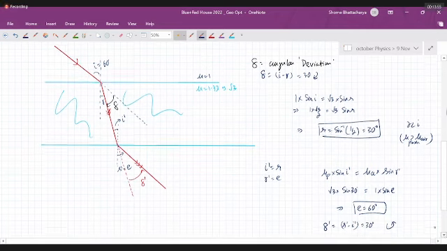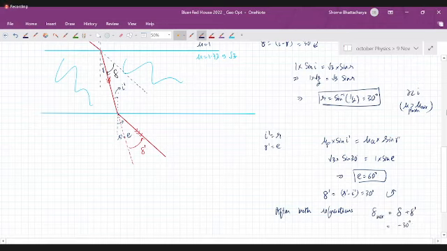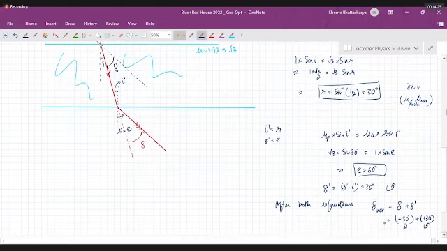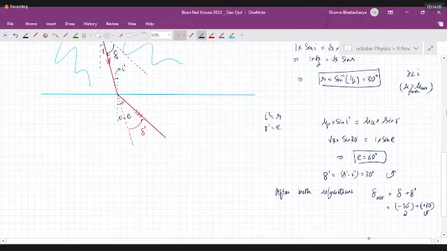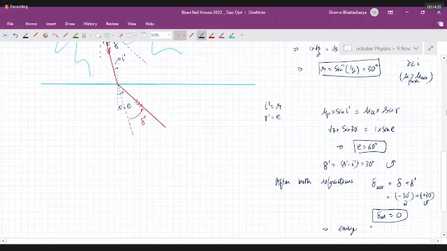So after both refractions, let's write it as minus because it's clockwise, and then this with a plus sign because this is anti-clockwise. So the net angular deviation is 0. So that's why the emergent ray is parallel to the incident.